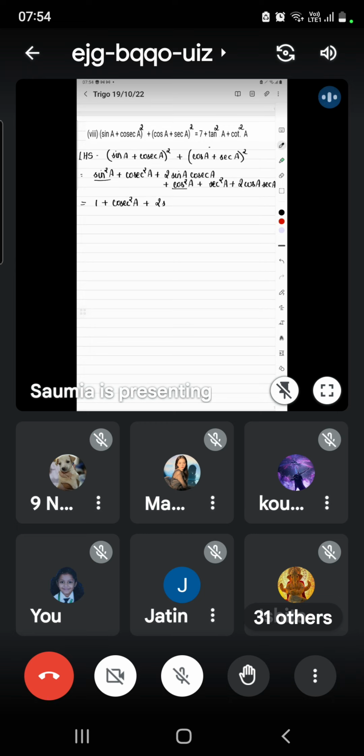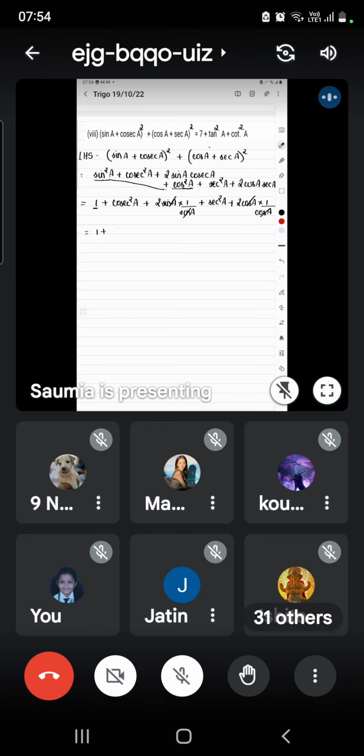Plus, look at this sin A. I can write cosec A as 1 by sin A. This cos square is already gone because we have added it with this and it has come here. Next, I have sec square A. Now, again, this sec A can be written as 1 by cos A. So what will happen? Sin A cancels, cos A cancels.